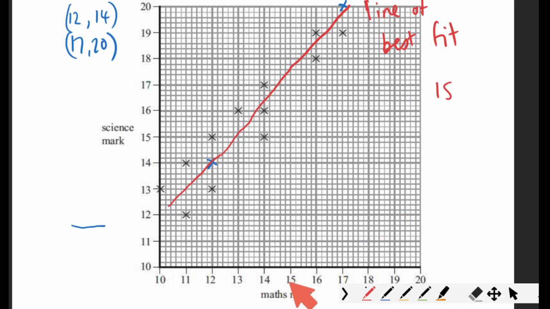So look at 15 for the maths score. We found 15, go up. When you hit your line of best fit, turn left.